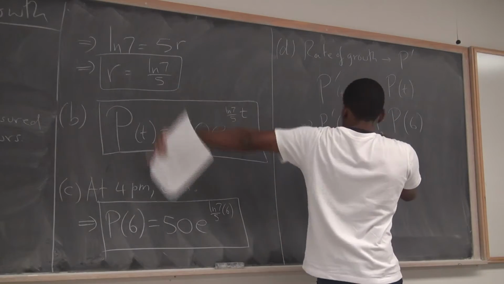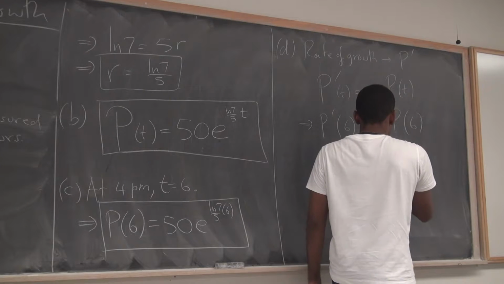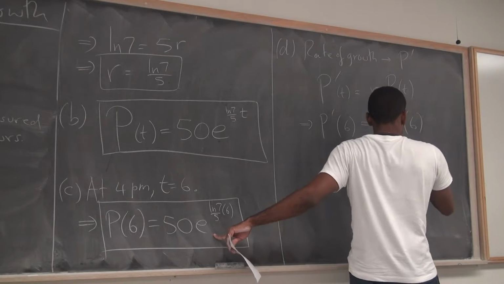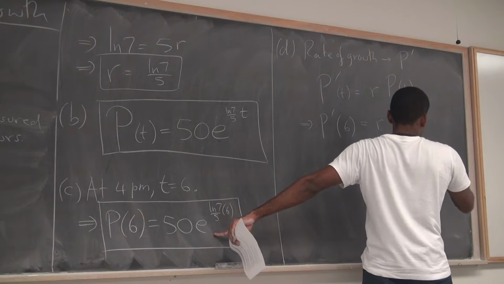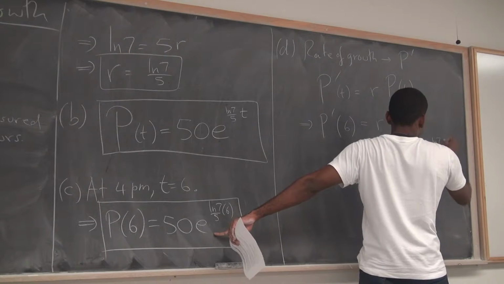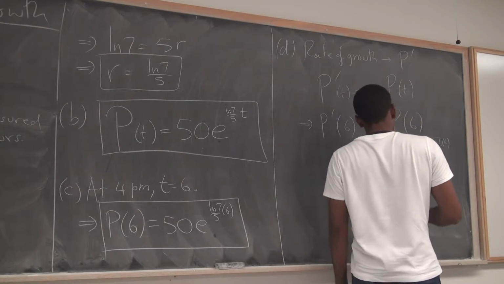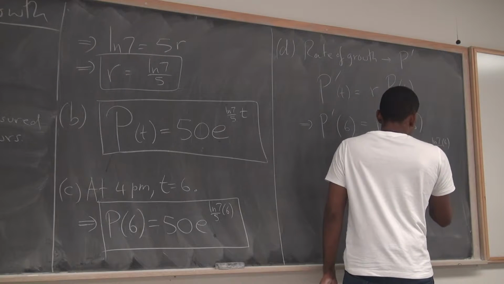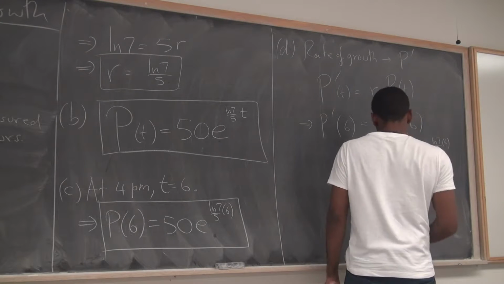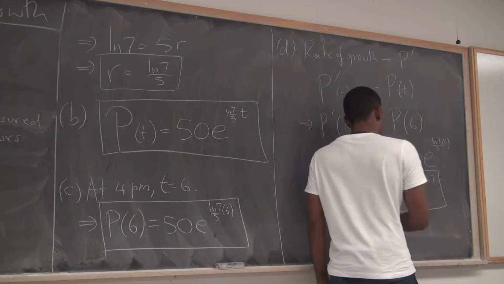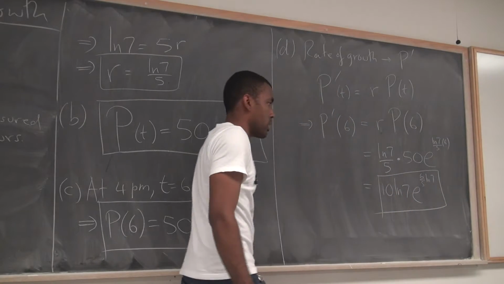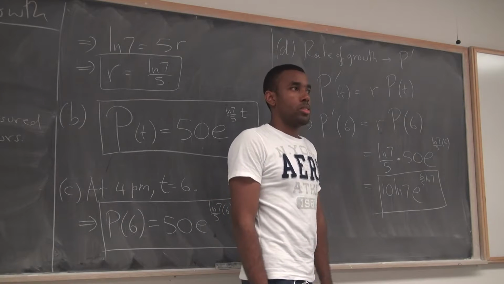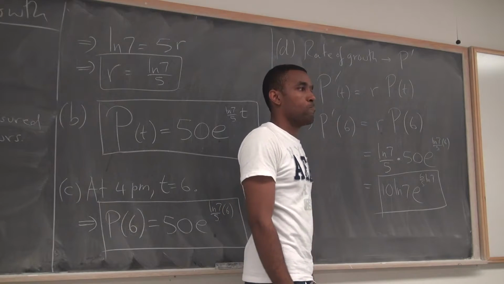R, I already know, that's ln of 7 over 5. Times P of 6, I just found, 50 e to the ln of 7 over 5 times 6. So that's 10 ln 7 e to the 6 over 5 ln 7. You don't use calculators, so you leave your answer like that. Questions?